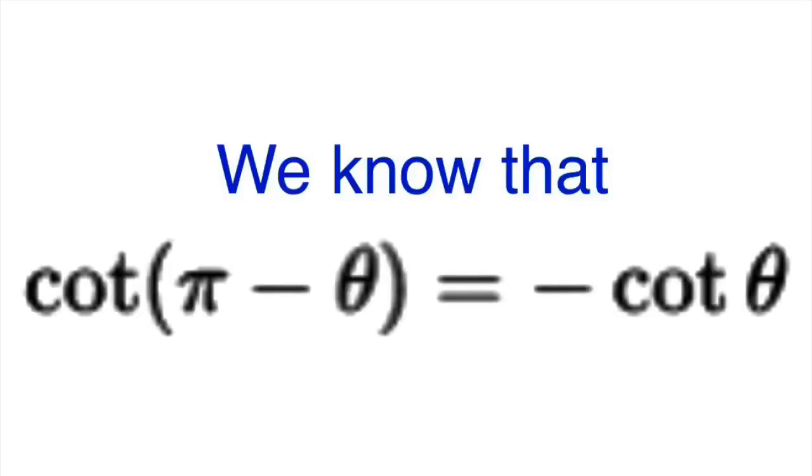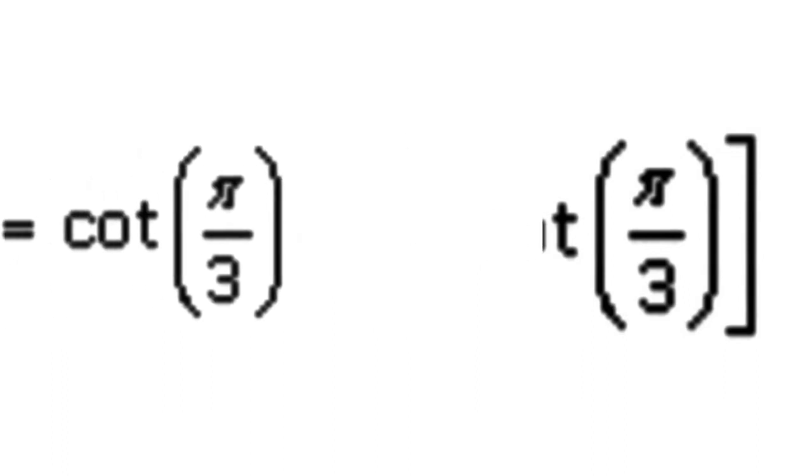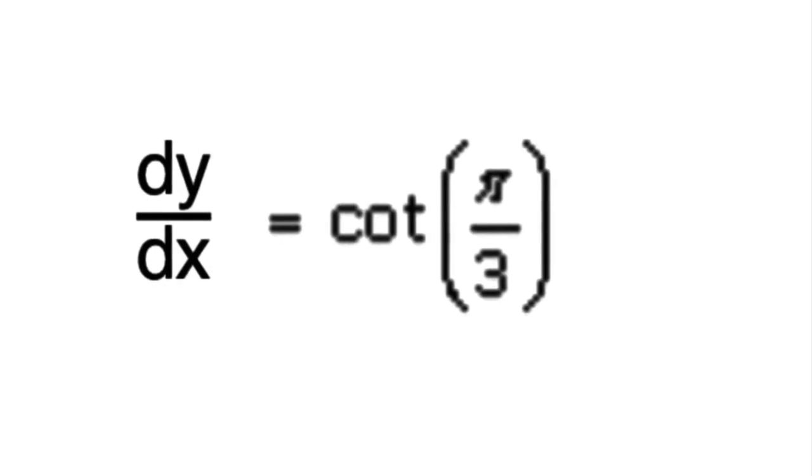We know that cot of pi minus theta equals minus of cot theta. Therefore, dy upon dx at t equals 2 pi upon 3 equals minus of minus cot pi by 3. So, minus and minus will become plus.